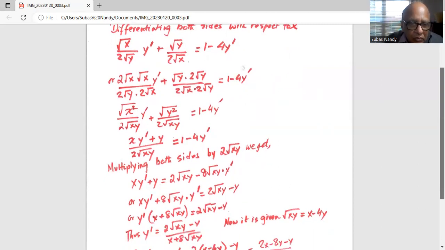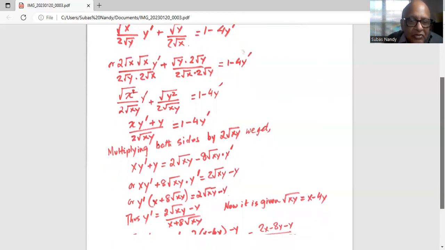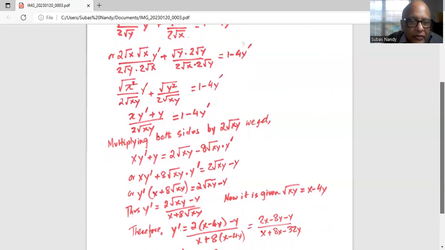Okay, now we transfer minus 8 square root of xy times y prime to the left hand side, because we want to keep the terms containing y prime on the left hand side of the equal sign. So we have xy prime plus 8 square root of xy y prime is equal to 2 square root of xy, and the y from the left hand side goes to the right side with a minus sign, 2 square root of xy minus y.